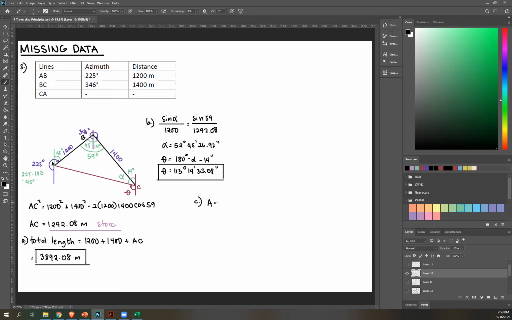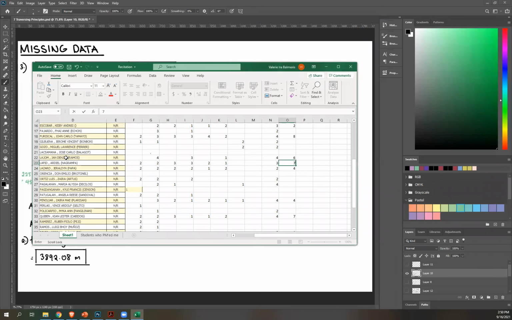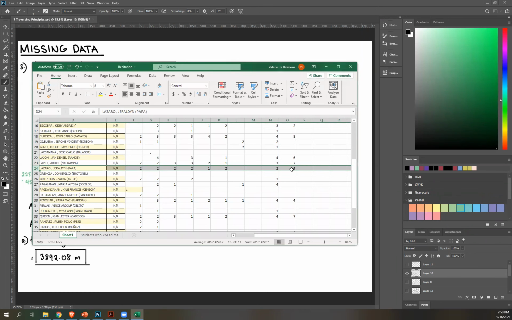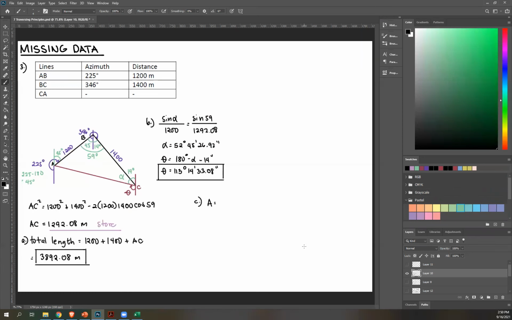Correct, Geraldine. The answer here is using your side angle side, or that's your 1/2 AB sine theta.